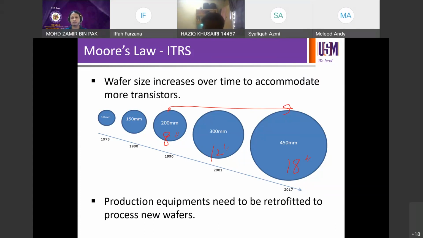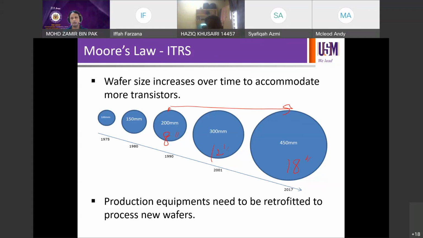So that means to be able to switch from 8-inch to 12-inch, or 12-inch to 18-inch, or 8-inch to 18-inch, you simply need a new fab with 18-inch capability in terms of the equipment size and robot arms and everything else, right? The port system to hold the wafers throughout the processes.